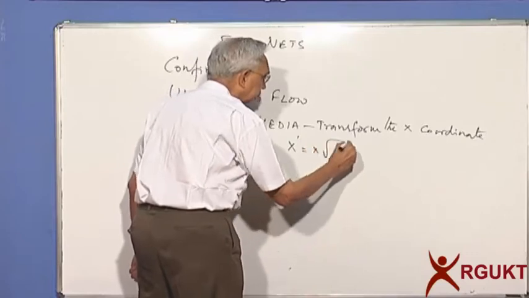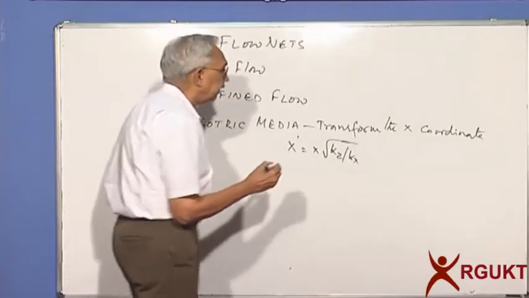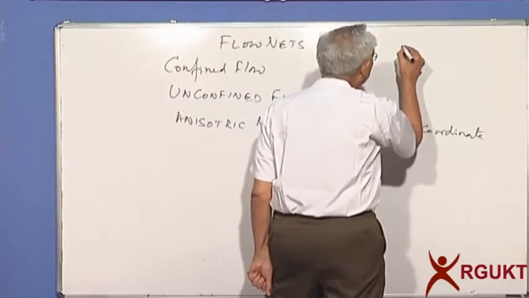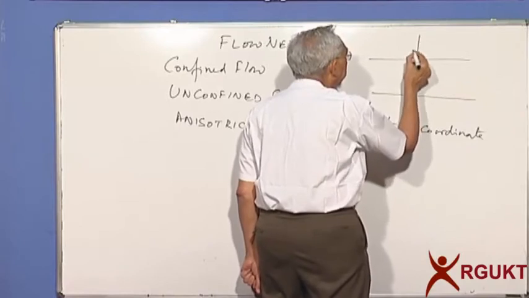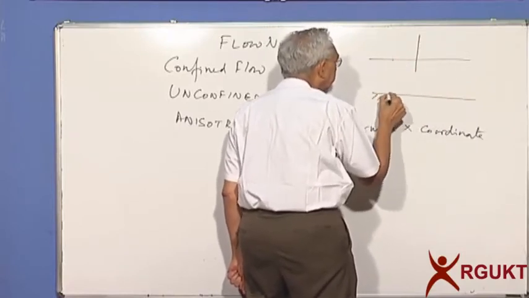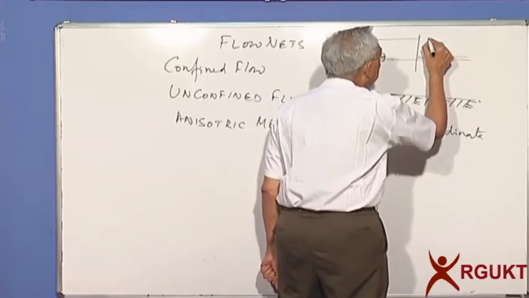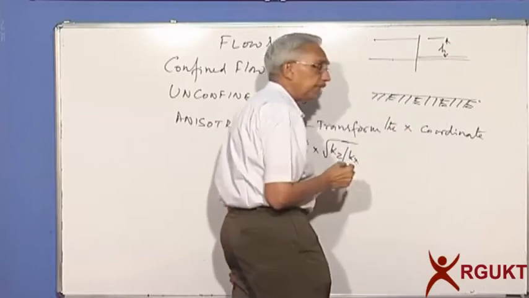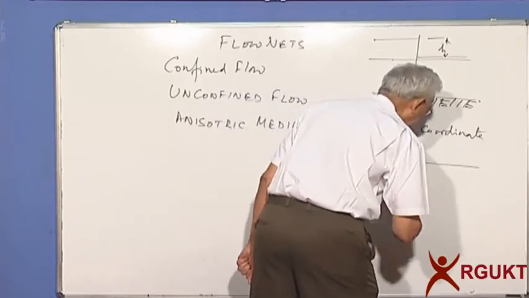What confined flow basically means is that you have a stratum which is bound, and the flow is confined between the top and bottom boundaries, and here is the net head difference between the upstream and the downstream side. Similarly, we can have a weir or a barrage.